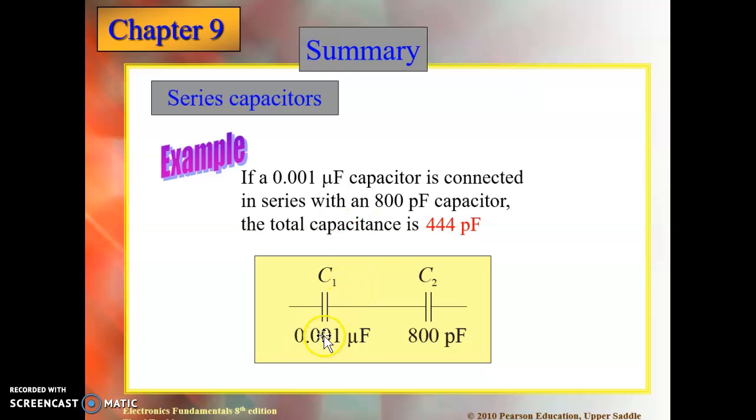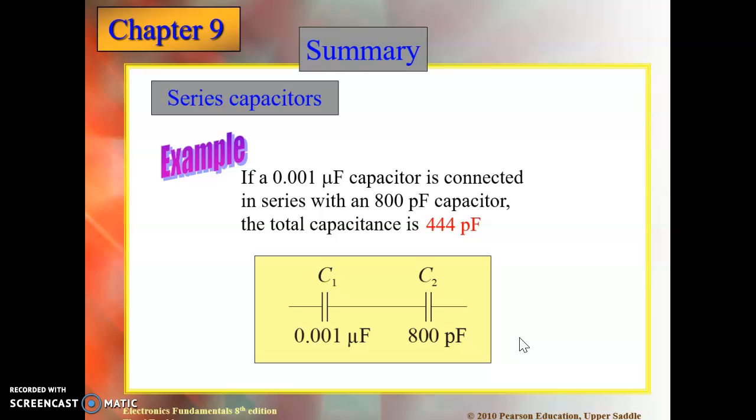So here I have 1, 2, 3. So I have 10 picofarads times 800 picofarads, divided by 810.